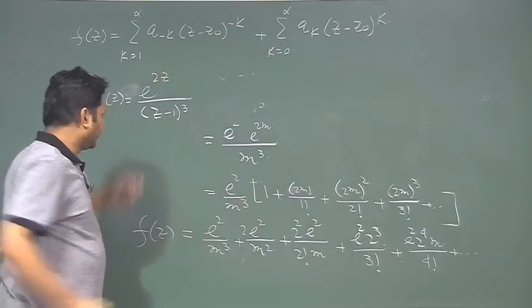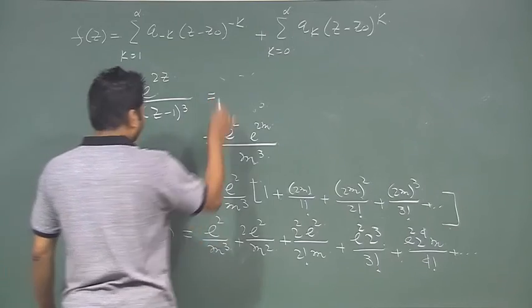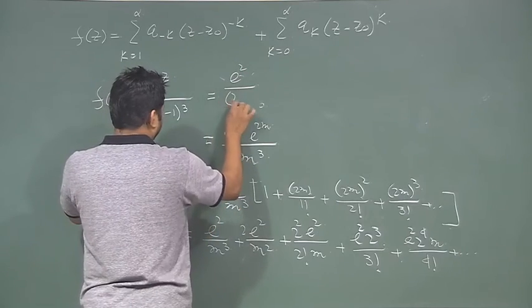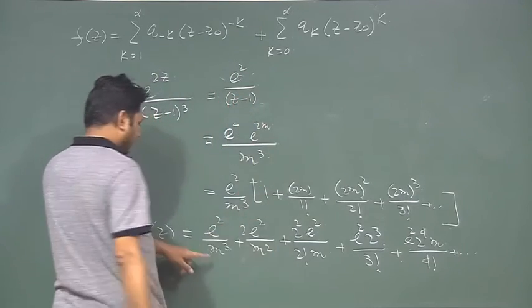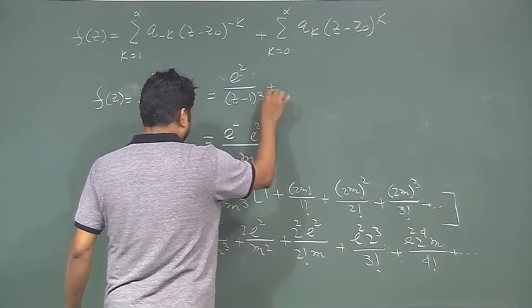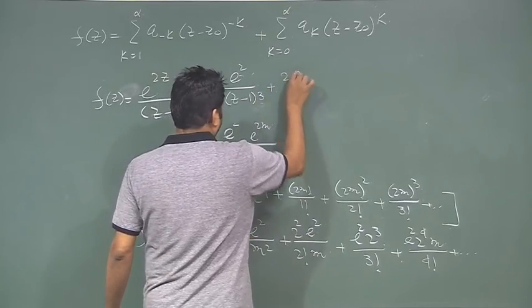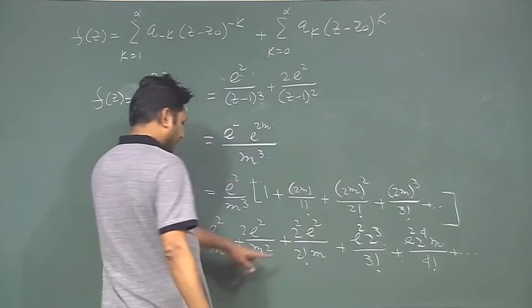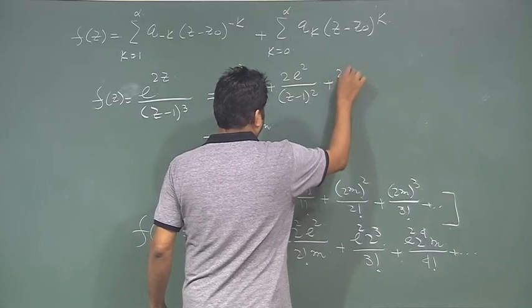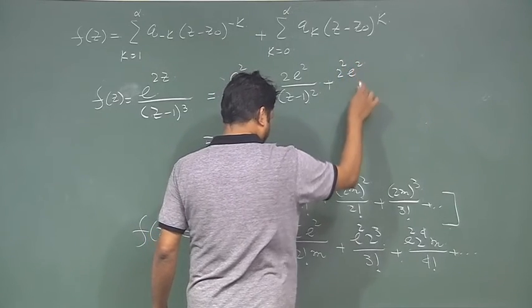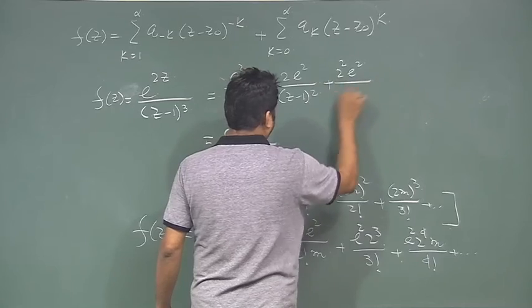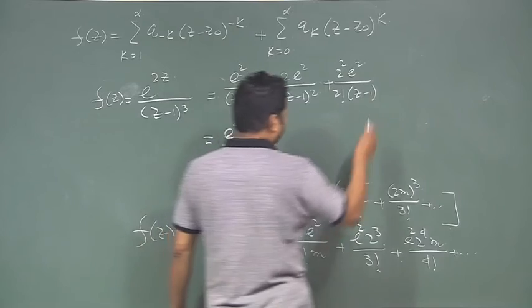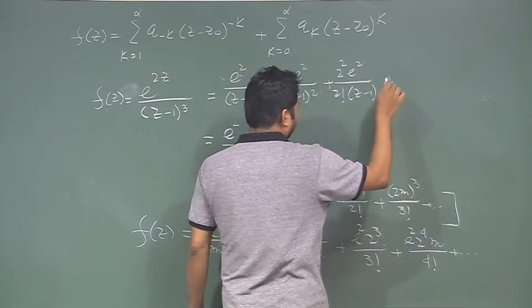So my expression will be e square divided by (z minus 1) cube as the first term, since m was represented by z minus 1. The second term is 2 e square divided by (z minus 1) square, the third term is 2 square e square divided by factorial 2 times (z minus 1), and the fourth term was z independent.